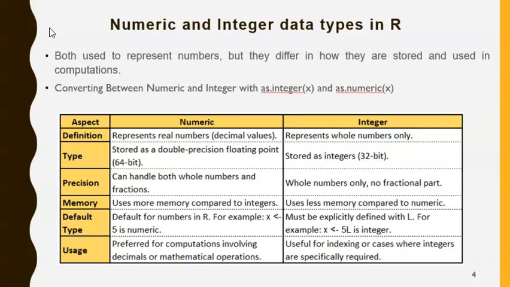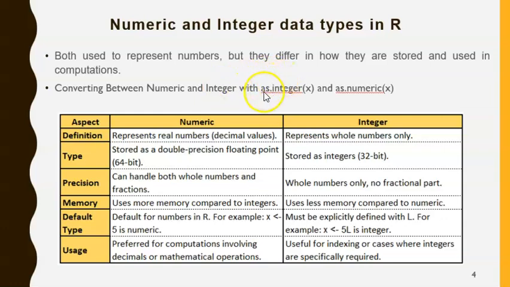So we need to change it to an integer or a numeric value in R. But what are numeric and integer values in R? Both represent numbers, but numeric represents decimal values, float numbers, but integers are whole numbers.